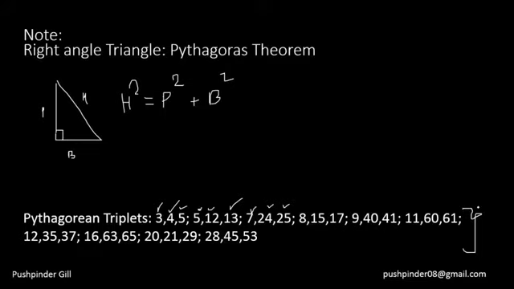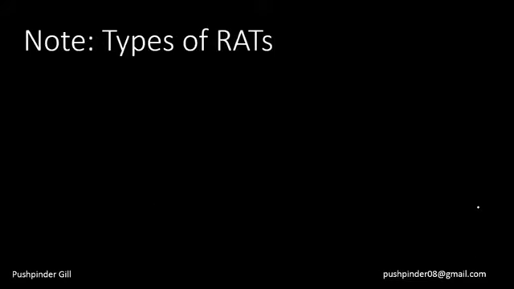Now everyone knows this, but there are two types of triangles which are mostly tested, and they are rigorously tested in GMAT and GRE and CAT. The first type of right angle triangle is an isosceles right angle triangle, in which these two sides are the same. If I say this is side A, this is side A, this would be A root 2.